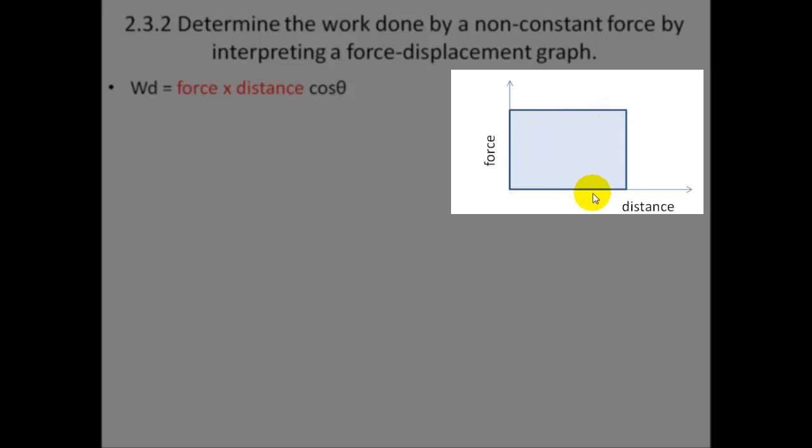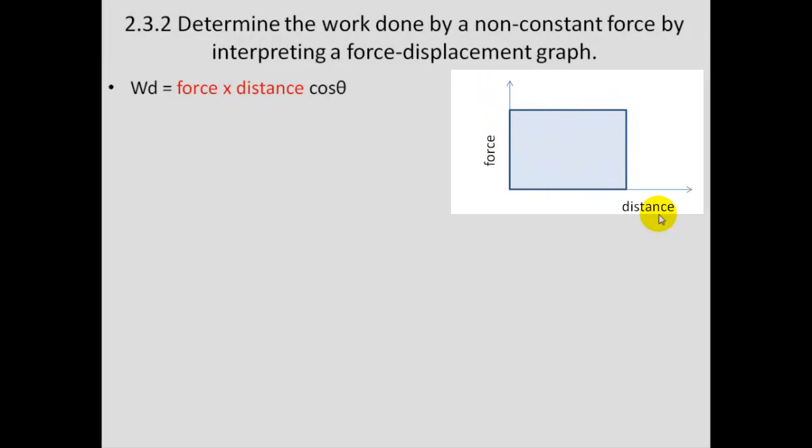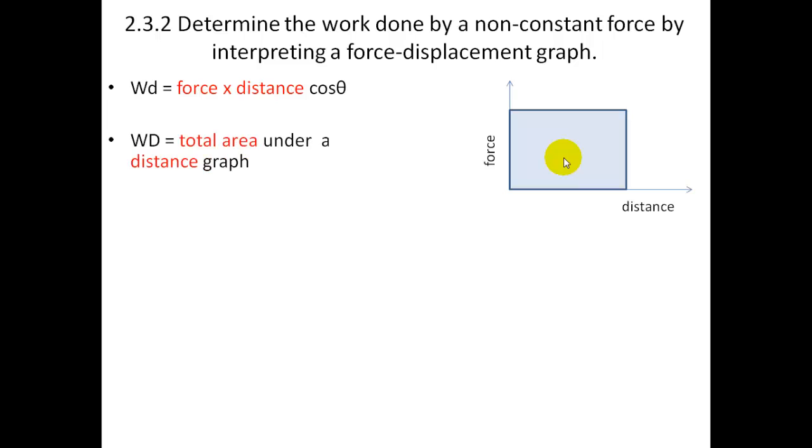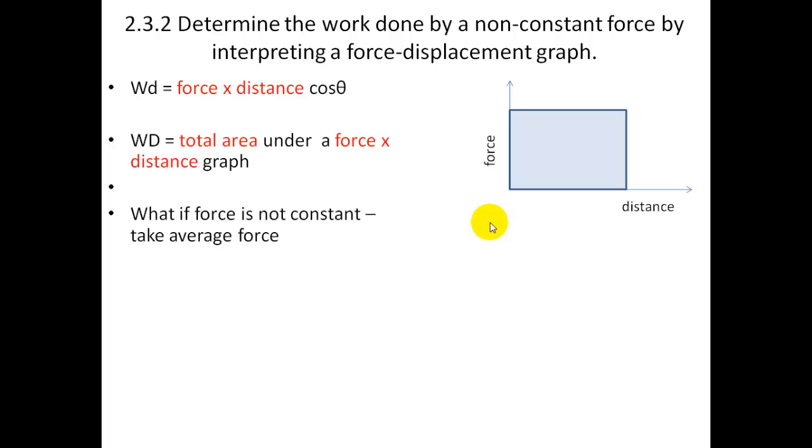So, force times distance, well, the geometry of this shape gives us the area. So the area of a force distance graph will be the work done. So the work done is the total area under a force distance graph. Now what happens if force is not constant? We can take the average force, or we can find out what the area of the graph will be.